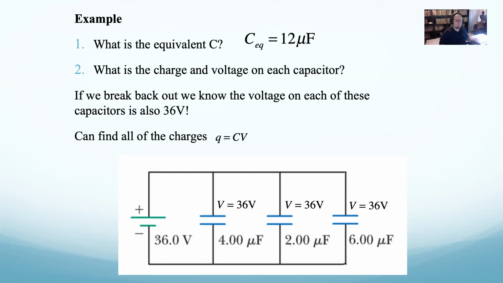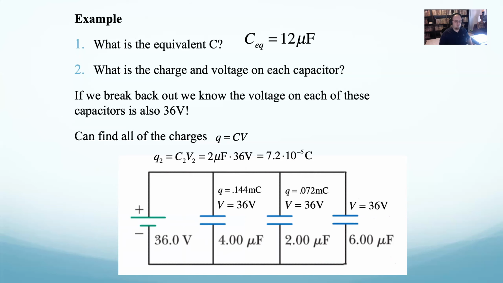Now, charge on each, that's just Q equals CV. So I could say, okay, the charge on the first one is 4 microfarads times 36. So there's the charge on the first one. Charge on the second one is 2 microfarads times 36.